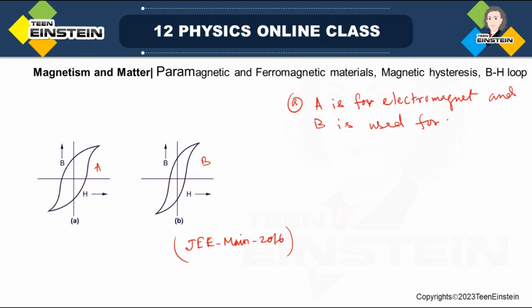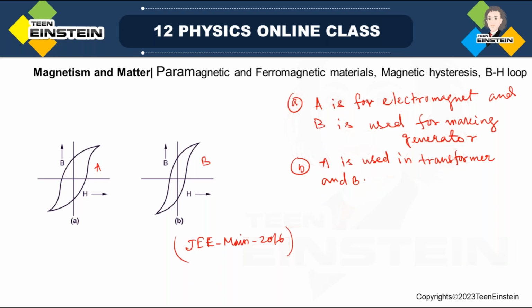The second option: A is used for transformer and B is used in generator.